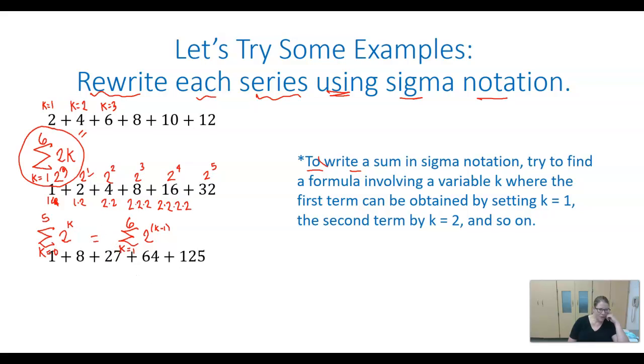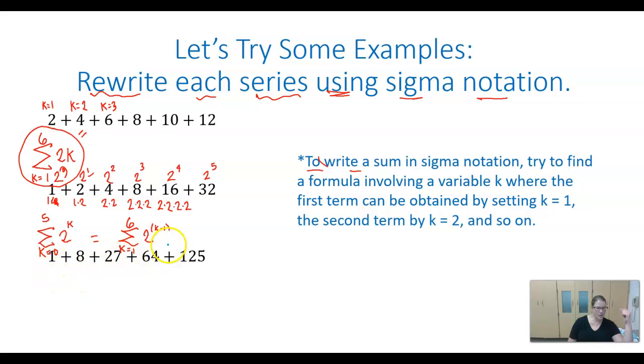So we have 1, 8, 27, 64. The important thing here is to look for a pattern and to figure out what's really happening, to figure out what index will work.